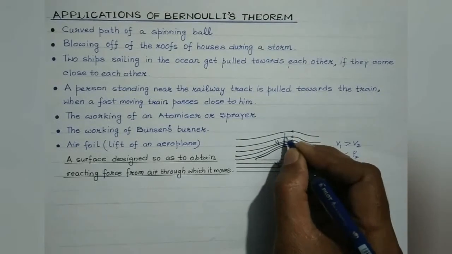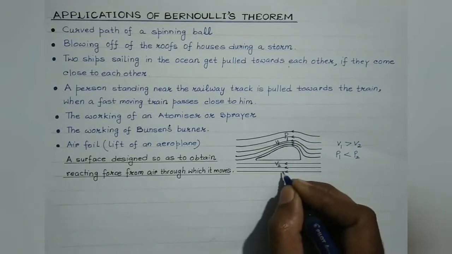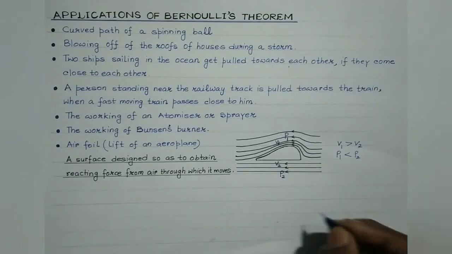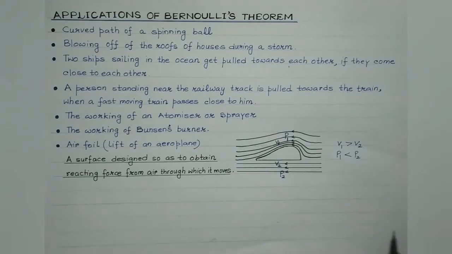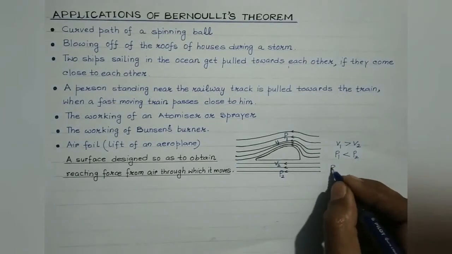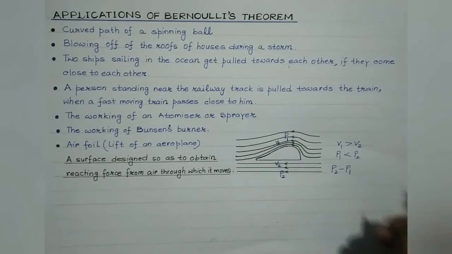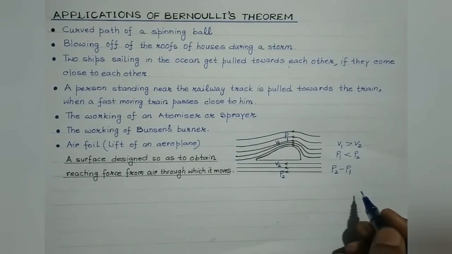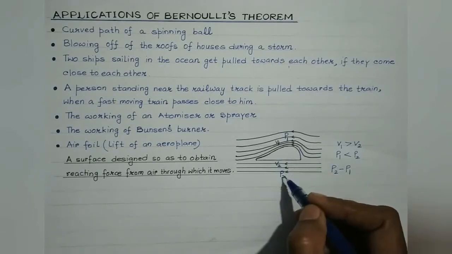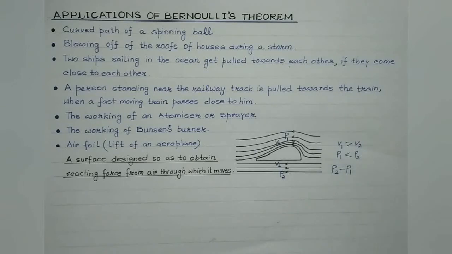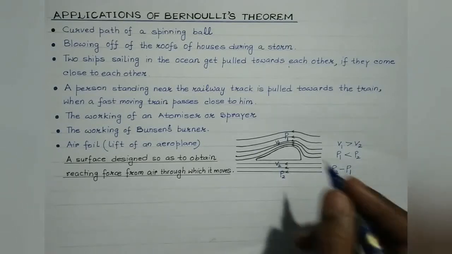Here the pressure is, suppose, P1 and below the pressure is, suppose, P2. So as a result, there is a difference of pressure, P2 is greater than P1, therefore P2 minus P1. This difference of pressure between the upper and the lower surface of the airfoil will give rise to an upward lift, which is called dynamic lift.